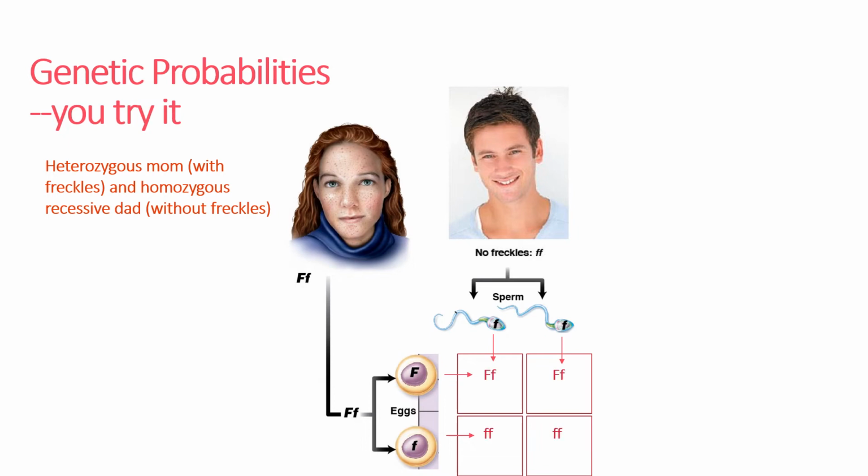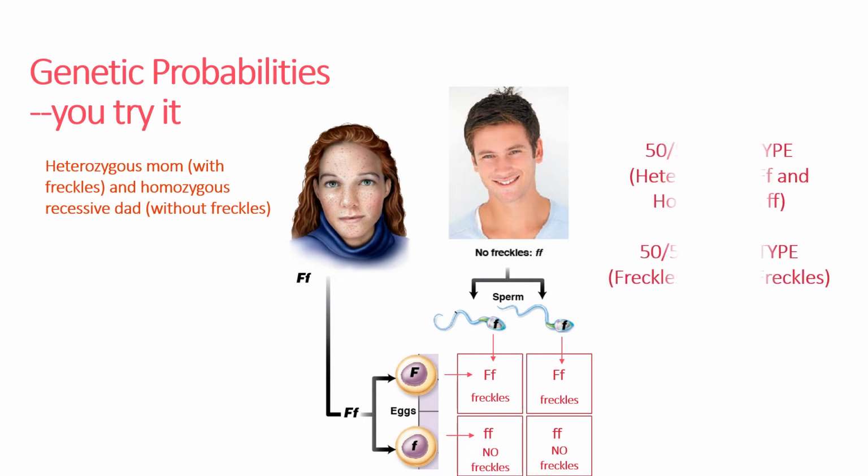And we see that half of the offspring are heterozygous and therefore have freckles. Half of the offspring are homozygous for not freckles and therefore have no freckles.